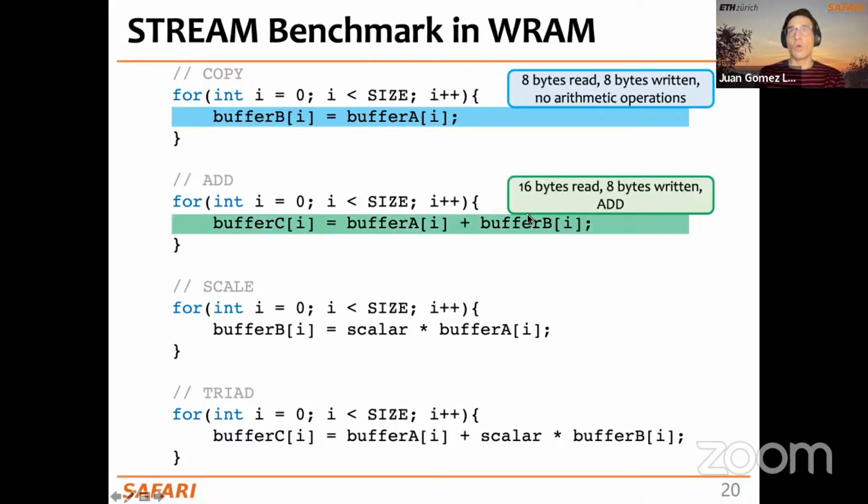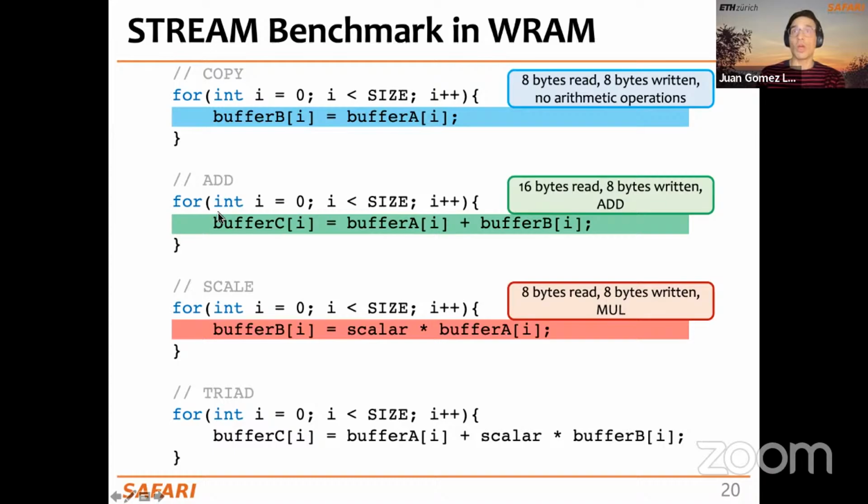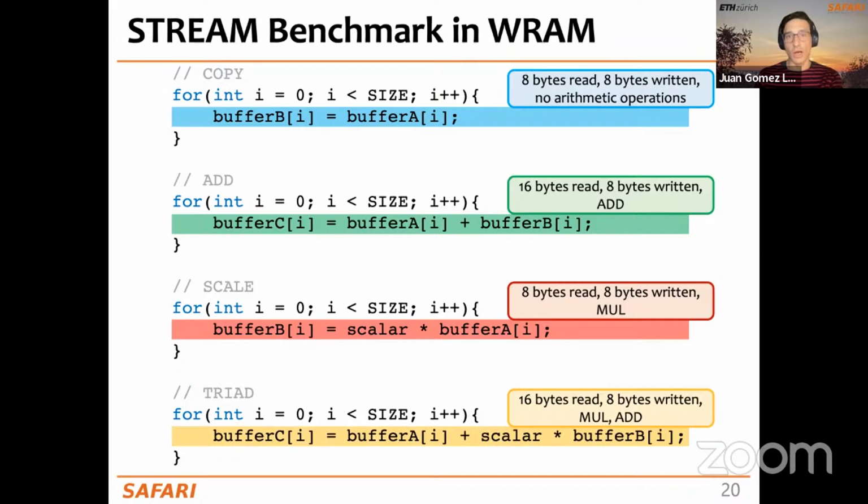In add, we are reading 16 bytes, 8 bytes coming from buffer A, 8 bytes coming from buffer B, and we perform 1 addition and store the 8-byte result in buffer C. For scale, we are reading 8 bytes, writing 8 bytes, and performing 1 multiplication. And for triad, we are reading 16 bytes, writing 8 bytes, and performing 1 multiplication and 1 addition.